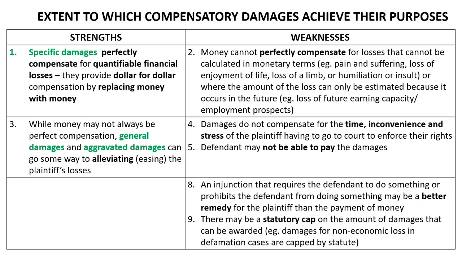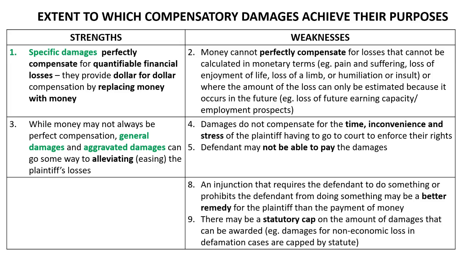So far, we've looked at the purposes of damages. Our second learning intention requires you to be able to discuss the ability of damages to achieve their purposes. On this slide, I've set out a table which describes the strengths and weaknesses of compensatory damages, that is, specific, general, and aggravated damages, in achieving the purpose of restoring, as far as possible, the plaintiff to their original position.